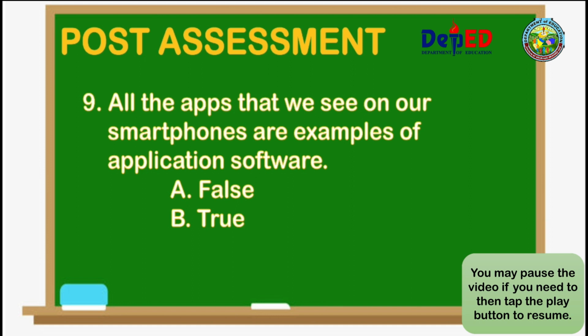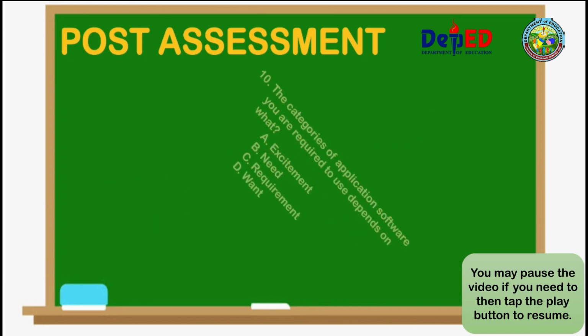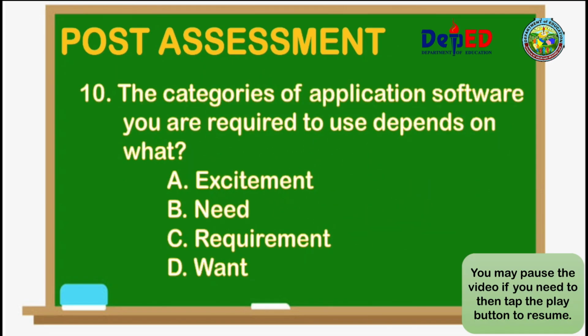A. False, or B. True? The correct answer is B. True. Number 10. The categories of application software you are required to use depends on what? A. Excitement, B. Need, C. Requirement, or D. Want? The correct answer is B. Need.